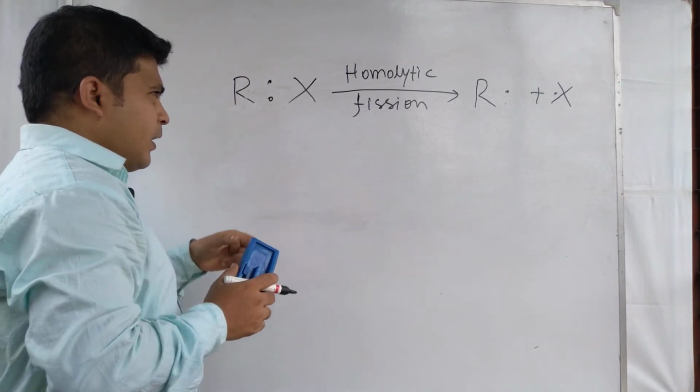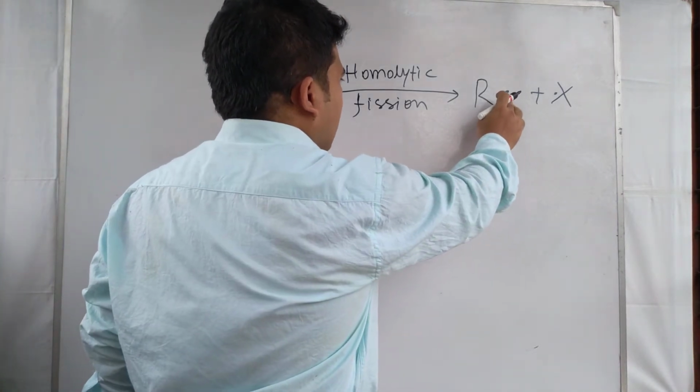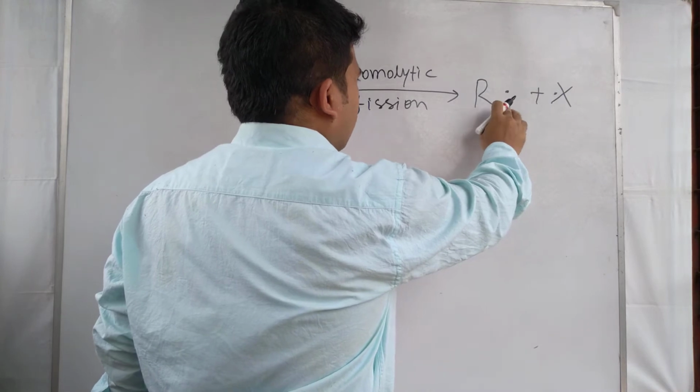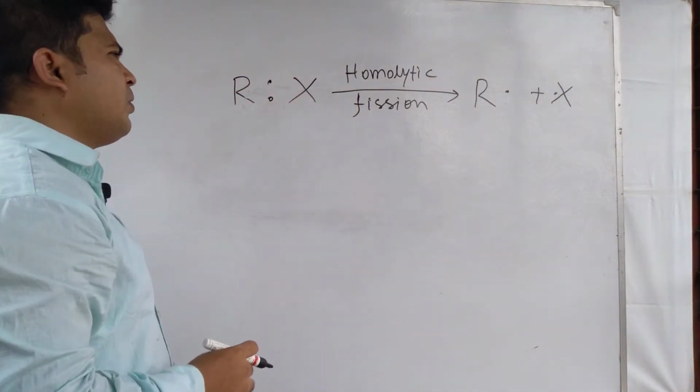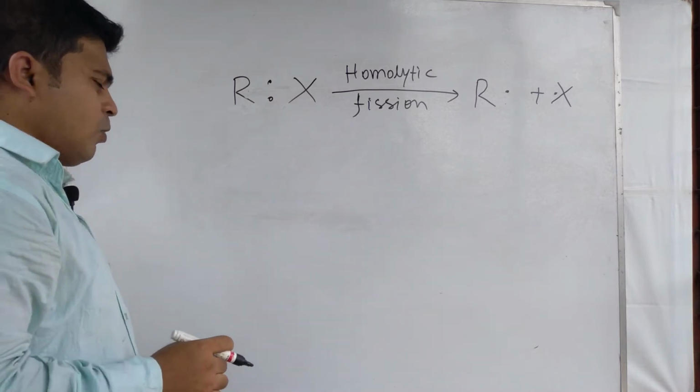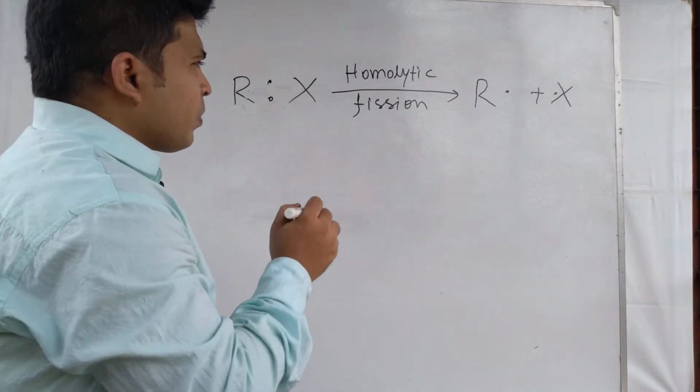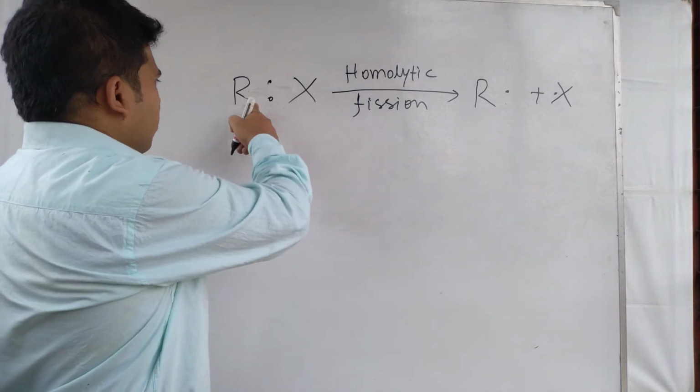So when they are separated as R dot and X dot, this is called homolytic fission, or homolytic bond cleavage.